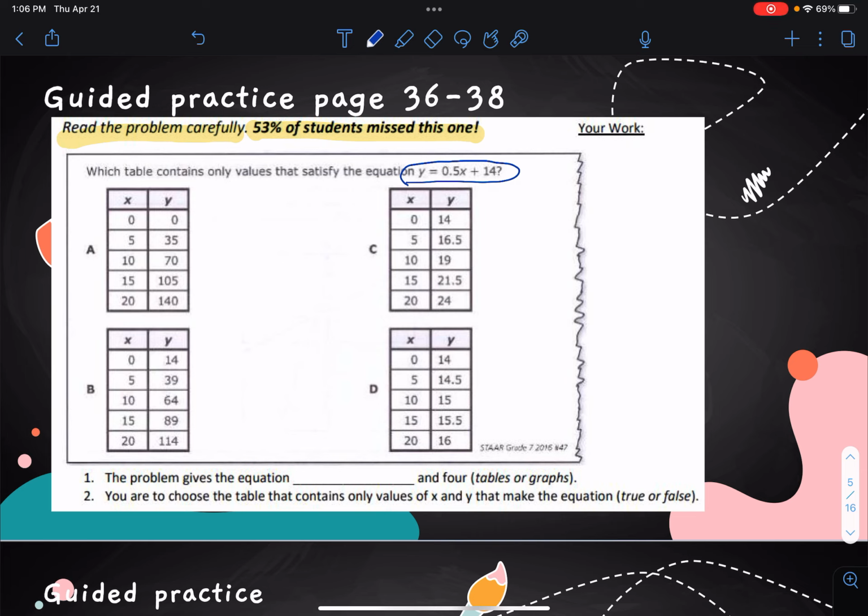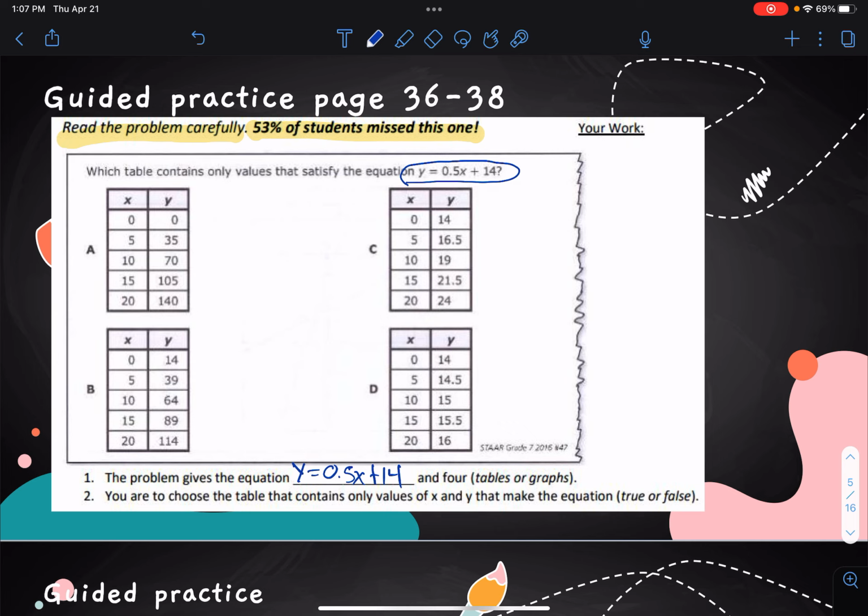So we have to see which of these tables holds values that make that equation true. Number one says the problem gives the equation. So what's our equation the problem gives us? Yes, y equals 0.5x plus 14.